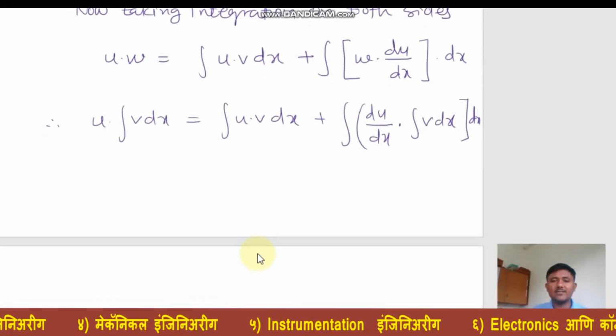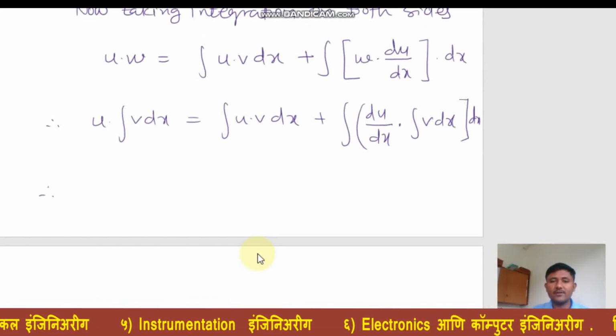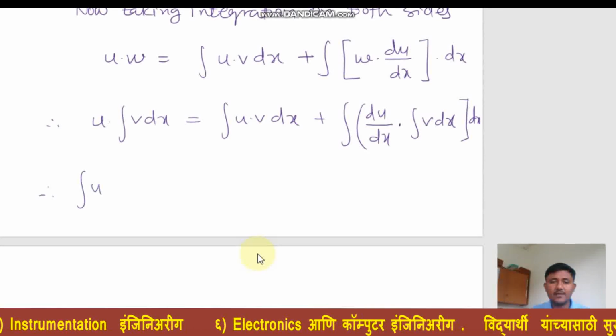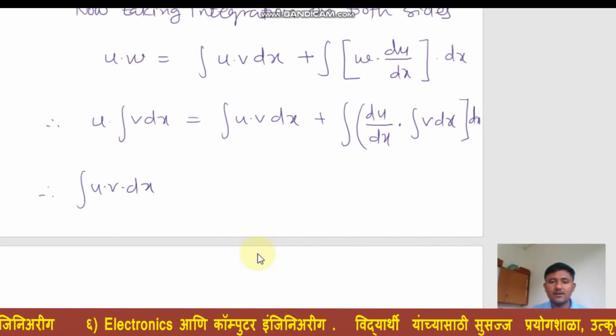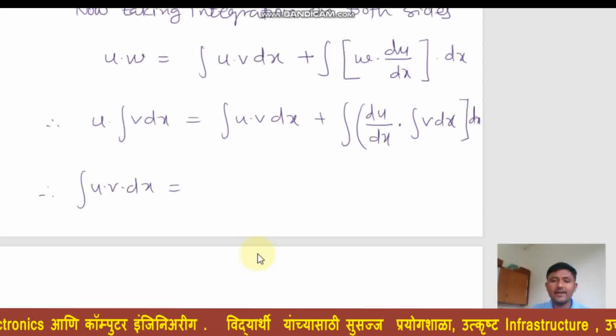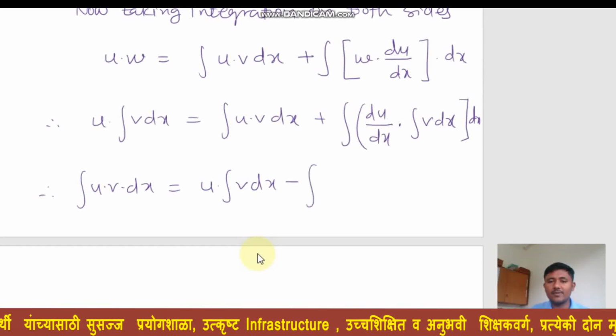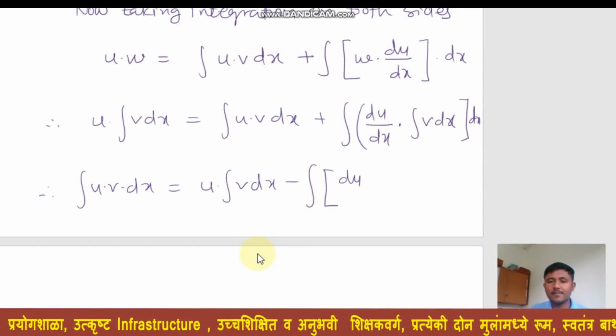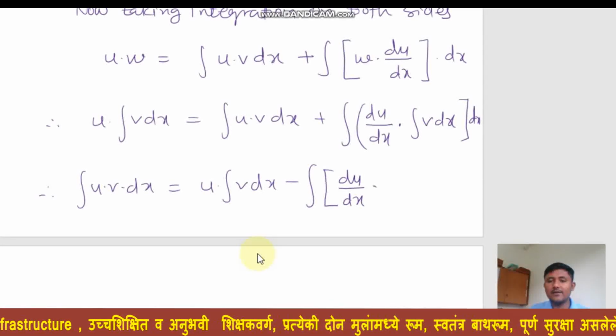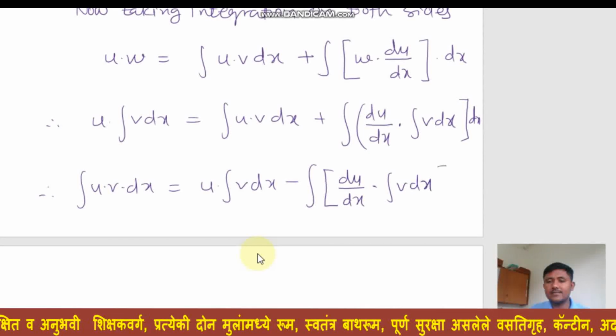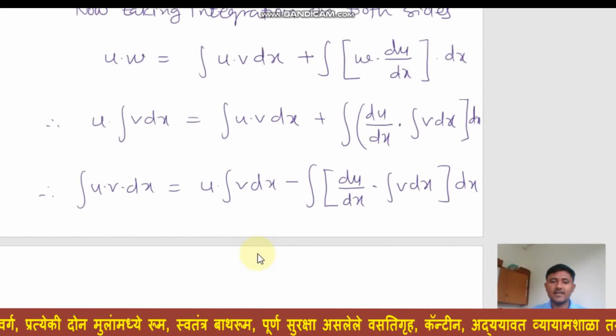Now we will arrange the terms: taking this integral u into v dx to one side, it gives us u into integral v dx minus integral of du by dx into integral v dx, into dx.